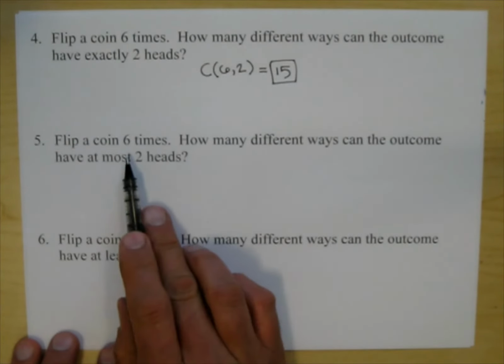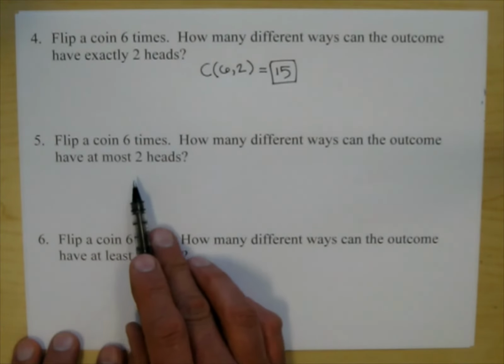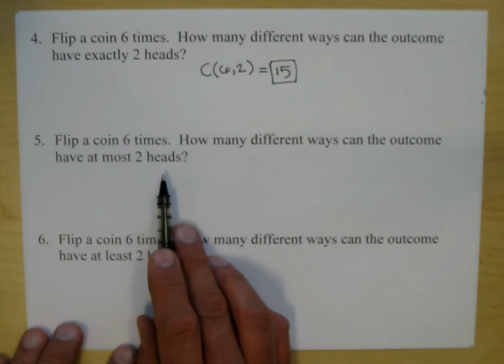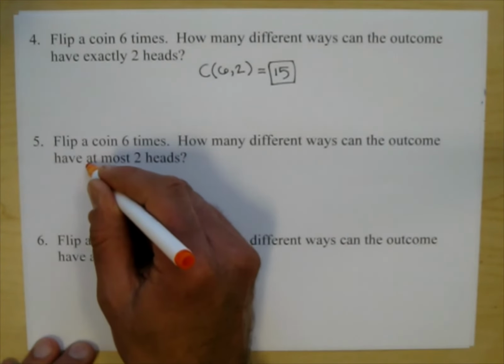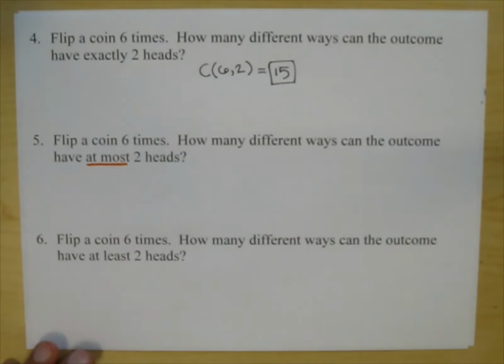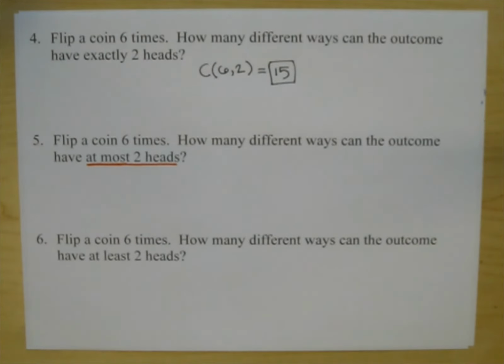Flip a coin 6 times. How many different ways can the outcome have at most 2 heads? So here's the words at most. Okay? We'll underline the 2 heads as well. So what does at most 2 heads mean? It means 2 heads or less.